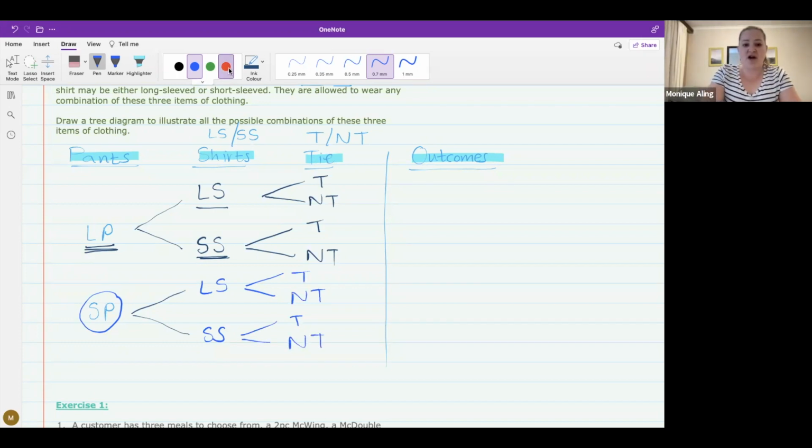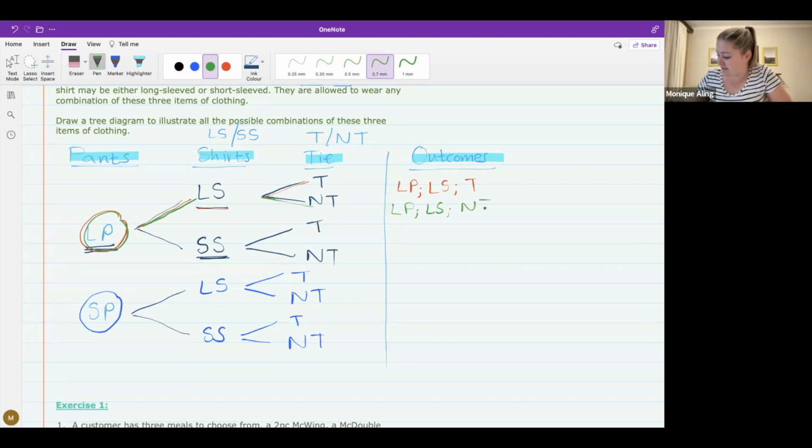So if I follow my branches, long pants, long sleeve, and tie gives me the outcome of LP, long sleeve, tie, or long pants, long sleeve, no tie. Or we could have long pants, short sleeve, tie, and long pants, short sleeve, no tie.